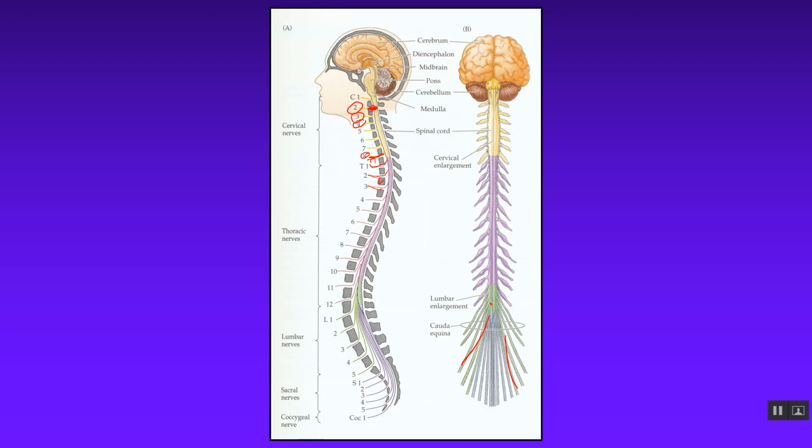If you're down in the thoracic spine, between T1 and T2, it's going to press on T1, not T2, just because of the way it exits.